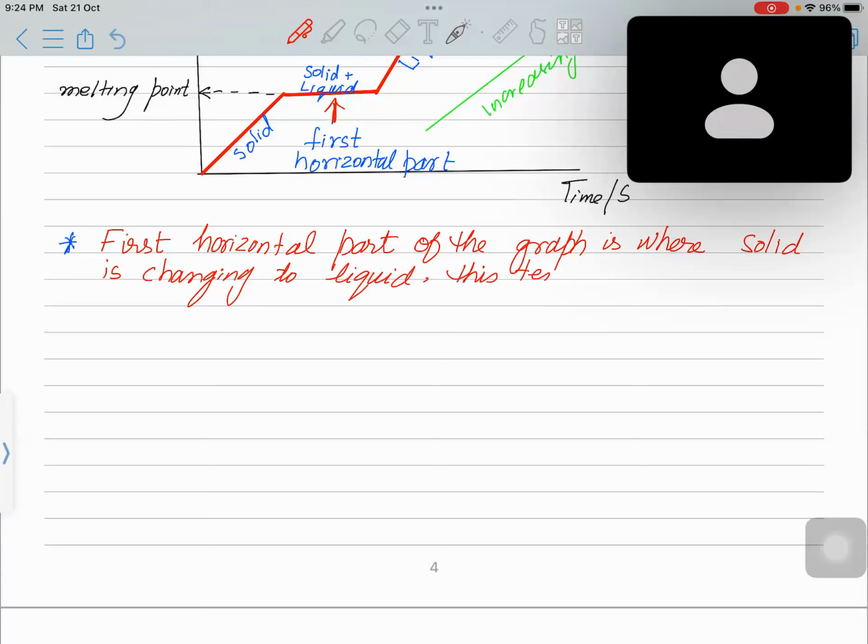This temperature is called, yes, melting point. Very good. This temperature is called the melting point. This is the temperature where solid starts to change into liquid.